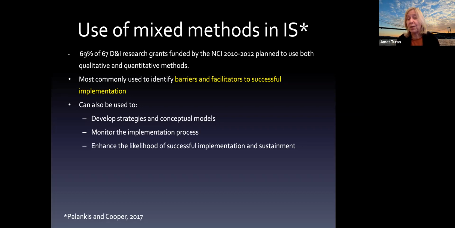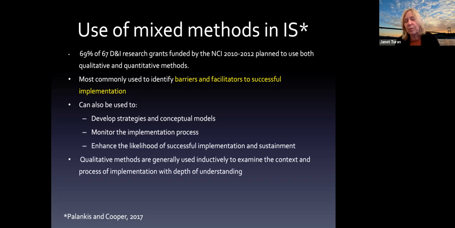You can use it to monitor the implementation process as you're going along. And really, use of mixed methods can help you enhance the likelihood of successful implementation and sustainment. So you can collect data along the way on implementation processes that can help you actually tweak your approach as you go along and be more successful.